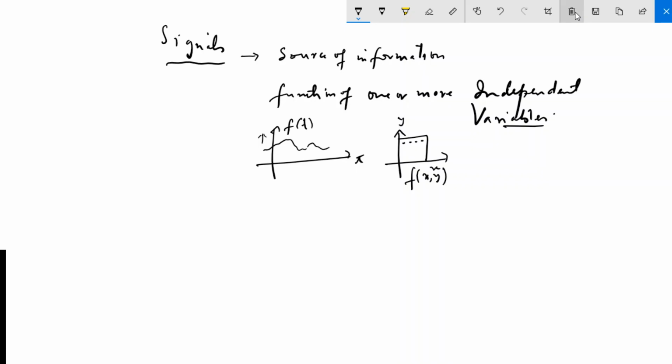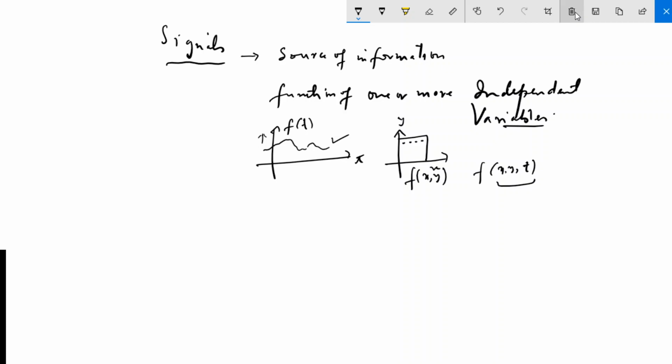If you take a video signal, along with space you have time also, so this becomes a three-dimensional signal. Generally in DSP, in one-dimensional signal processing, we are concerned with signals which vary with respect to time. When we go for two-dimensional processing, we take the input signal as an image, which is a function of two variables.